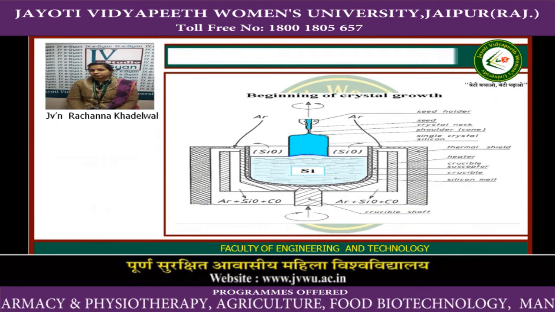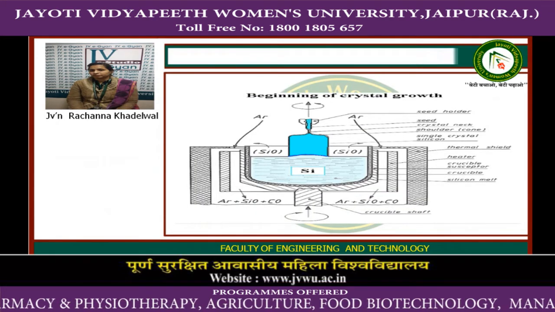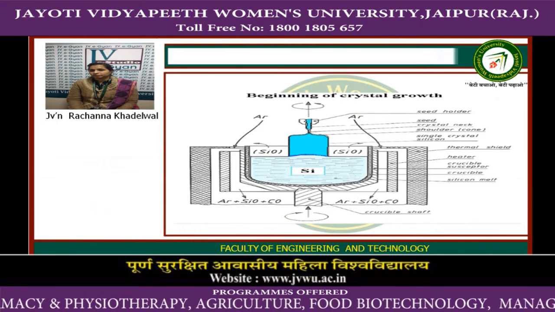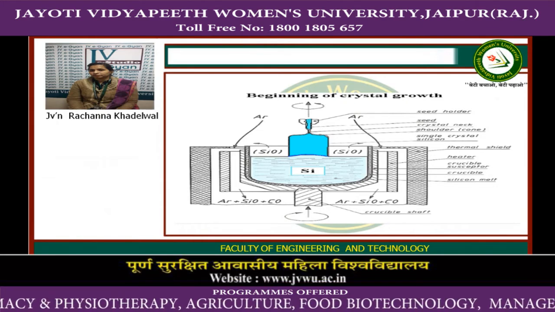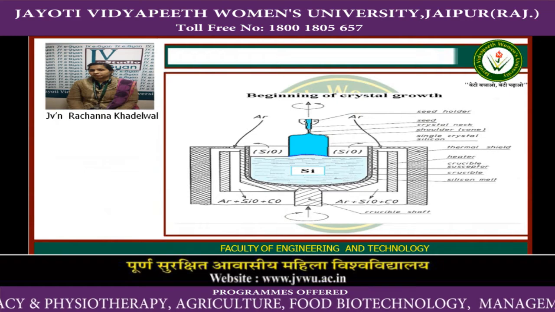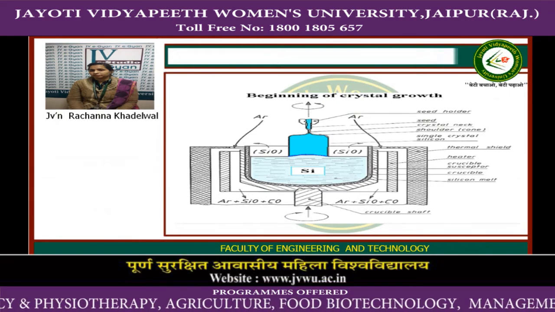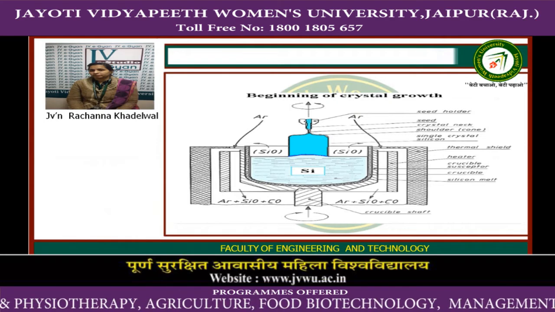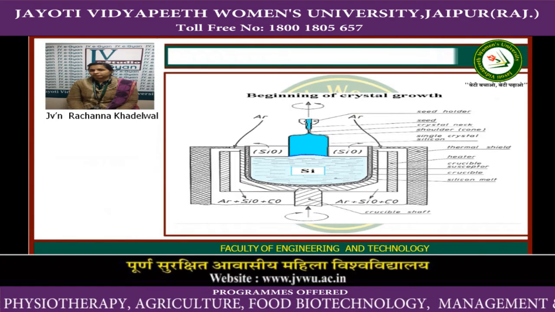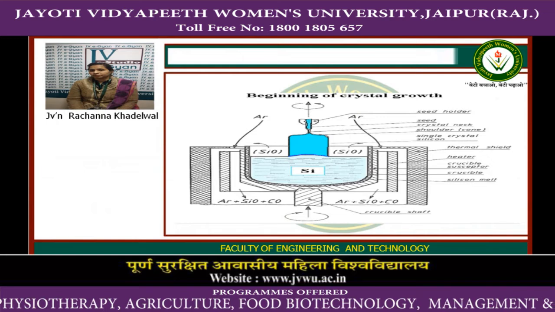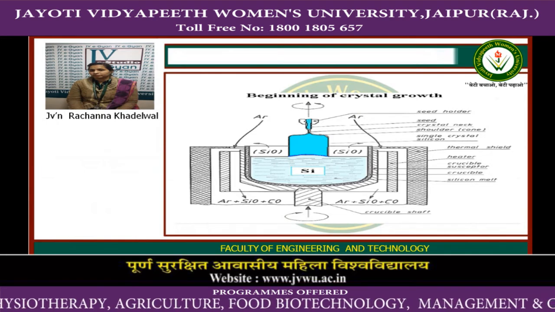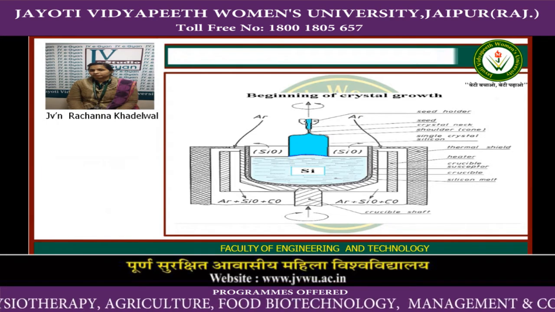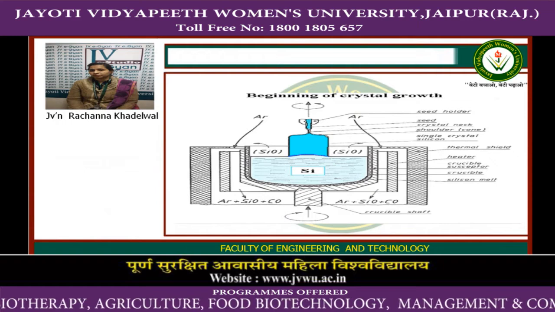Now, circuit designing. Now, the beginning of crystal growth. This is a basic diagram of the beginning of crystal growth. In this diagram, we denote silicon as Si and SiO, the silicon oxide material, which is on both sides of the crystal growth piece.